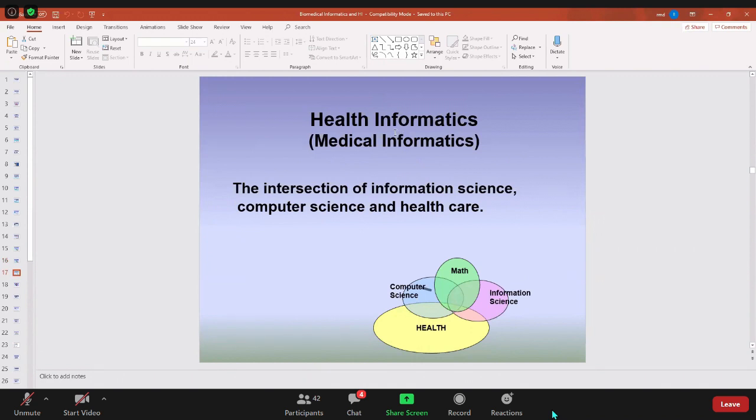In general, people still use these two terms interchangeably. Health informatics is the intersection of information science, computer science, and healthcare. So it is different from bioinformatics. Here, they are looking mostly at, and emphasizing, the healthcare component.